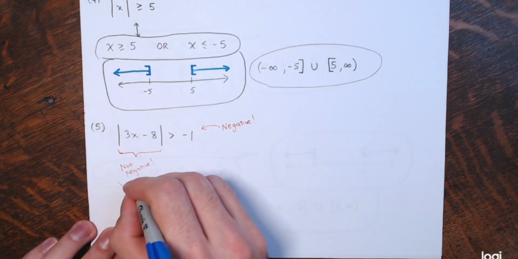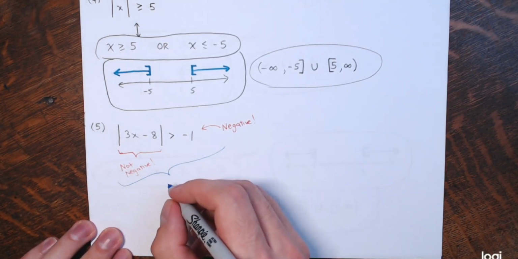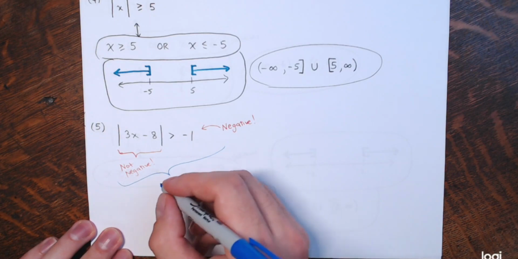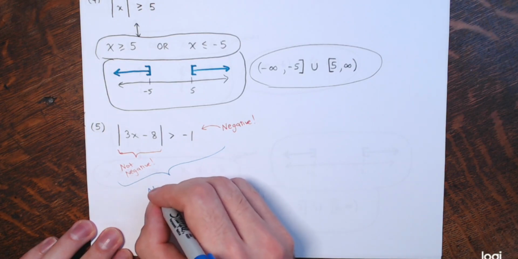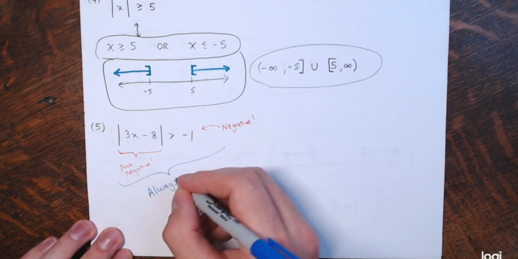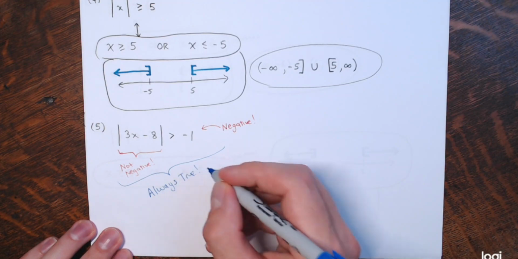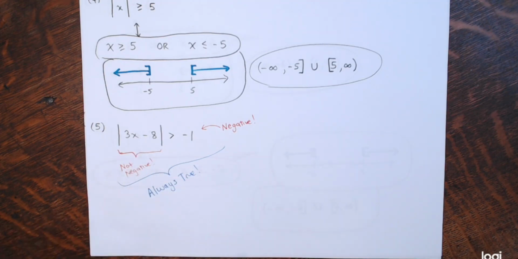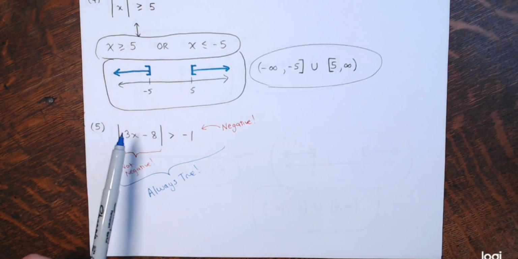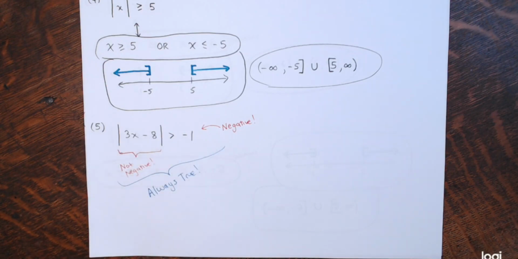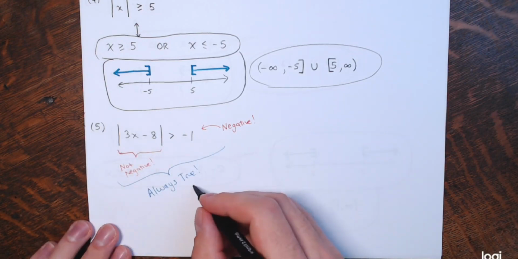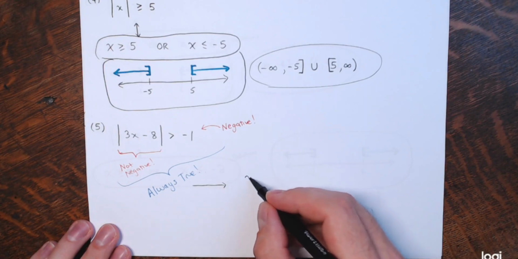So this, again, like you saw in one of the examples I put up earlier, this will always be true, no matter what I put in for x. The left side will always be greater than -1. So that tells me that, again, the variable here is x.